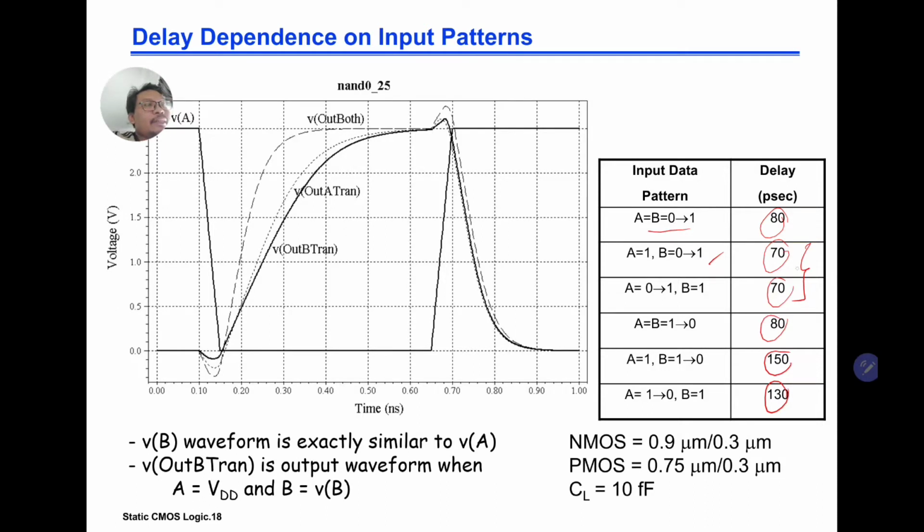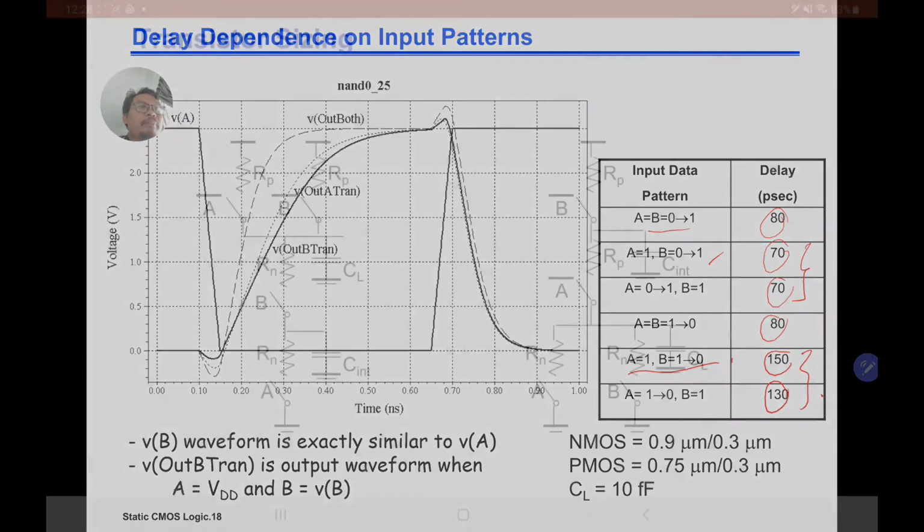So the fastest is discharging through the NMOS, where only one of the inputs transitions from 0 to 1. And the slowest is actually charging. Okay, so this one is A maintain 1, B going from 1 to 0, so it's trying to charge your output CL and results in the slowest delay. So you have a different delay, so you have to be careful what is your input value and how it's going to impact.